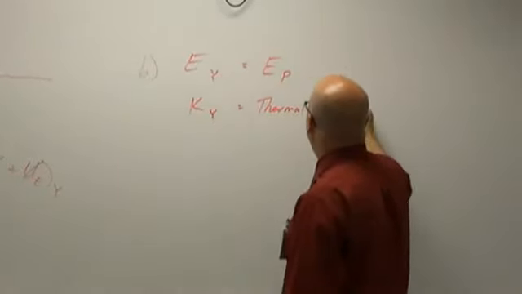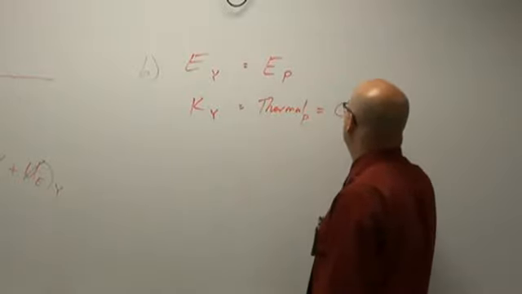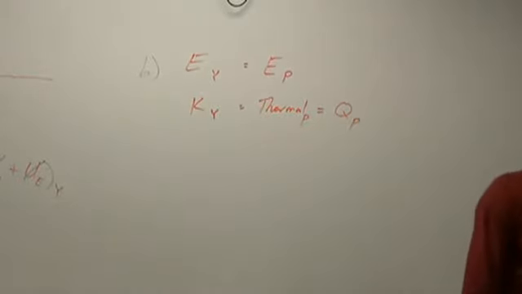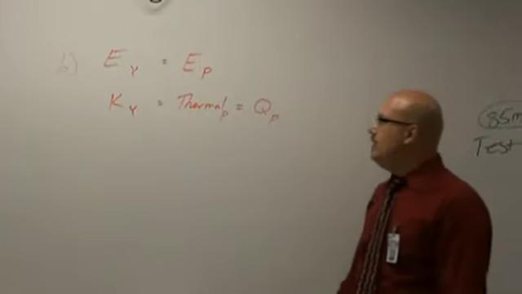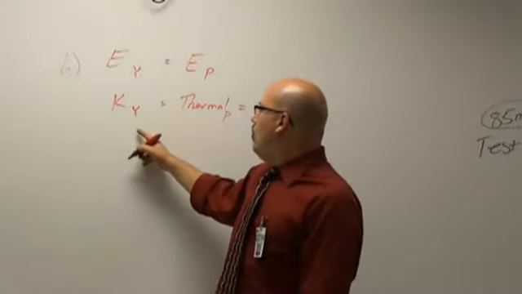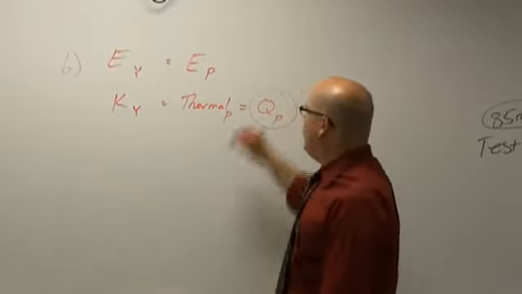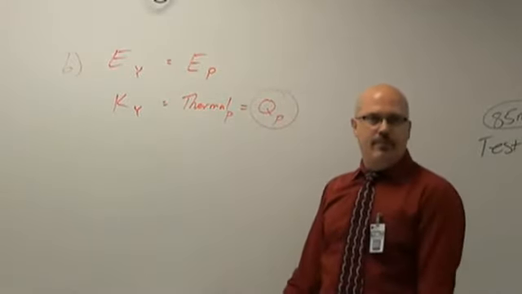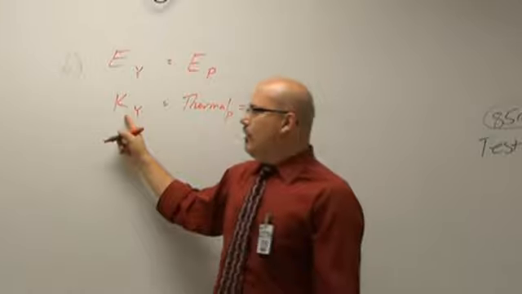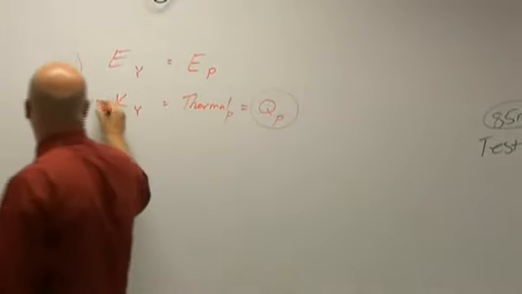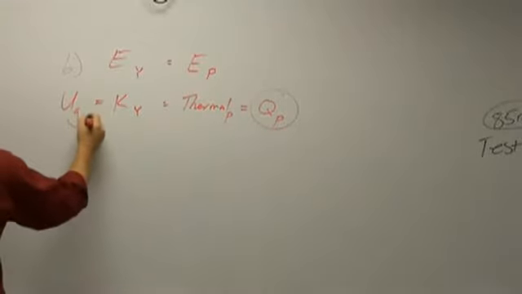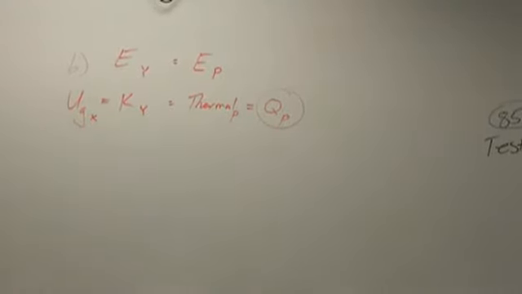Now, sometimes they'll write that as Q, which is the heat. The heat that's generated. If you remember that from chemistry class, Q is heat. And so, wait a minute, all we're looking for is this number right here, right? So all we need to know is that number, right? But that number also equals the gravitational potential energy at x, right?